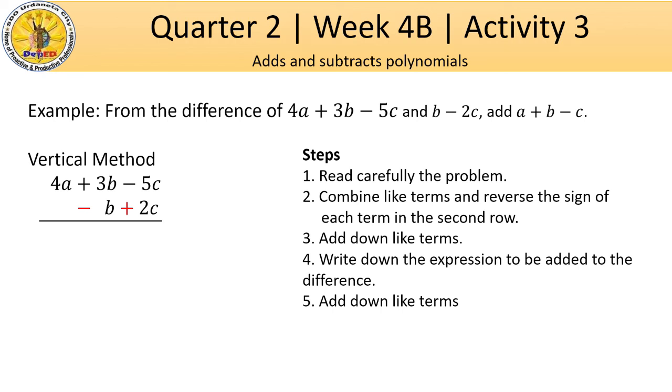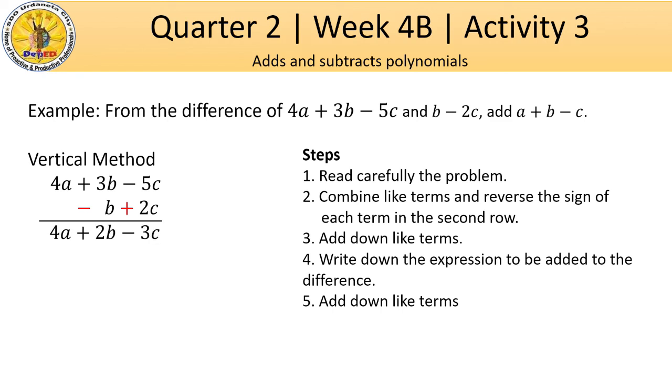Then I will combine like terms and reverse the sign of each term in the second row. So, positive b will become negative and negative 2c will become positive. So, the expression will be 4a plus 3b minus 5c minus b plus 2c. Then, I'll add down like terms.